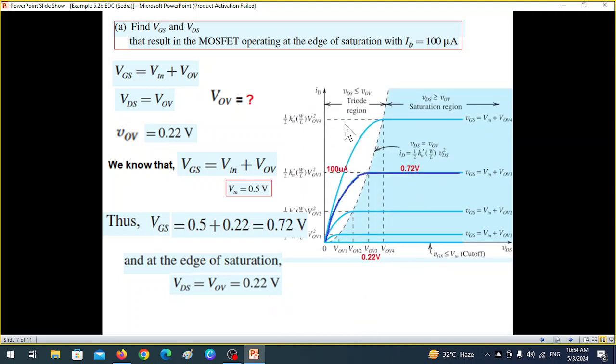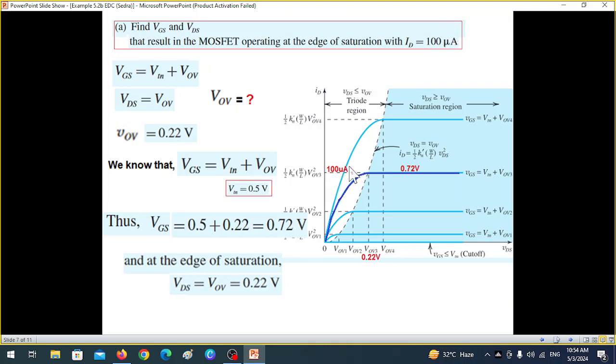And if you want to see it in the characteristics curve, let's say with this graph, I'm just assuming, it's not given in the book, I'm just assuming that this graph is representing 0.72 VGS. And wherever it is touching the ID, let's call it 100 microampere.